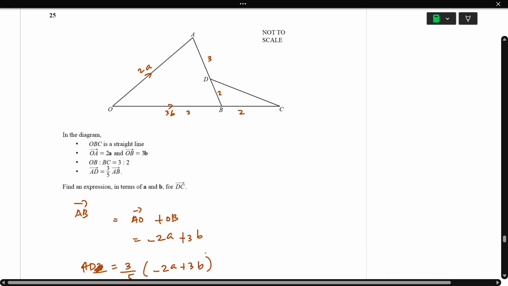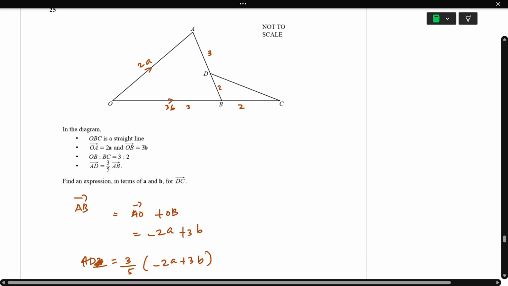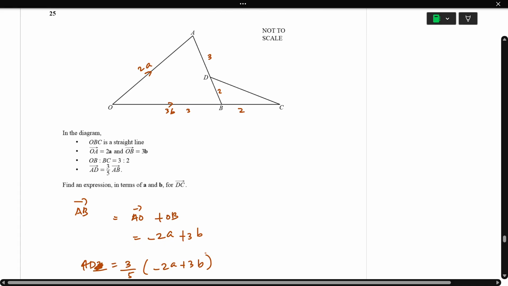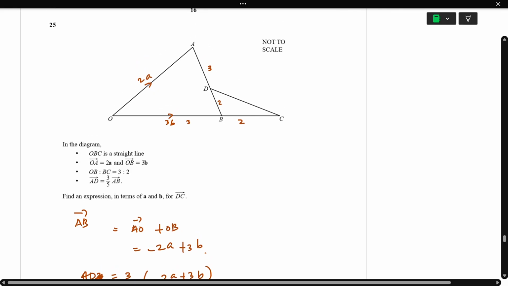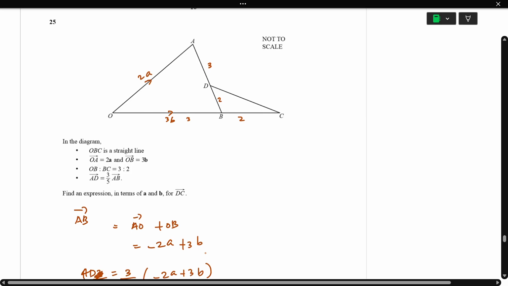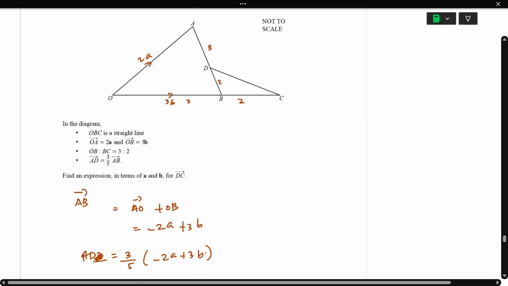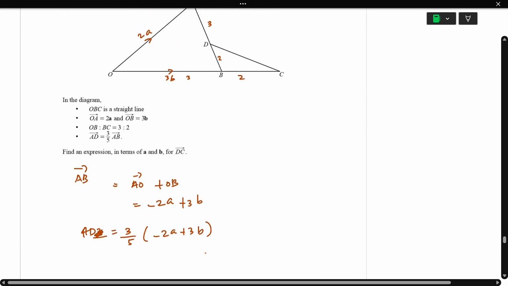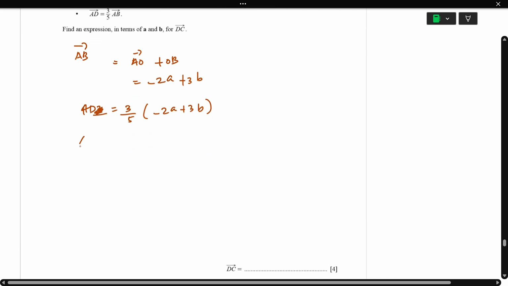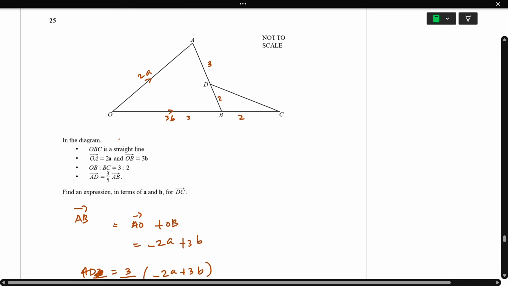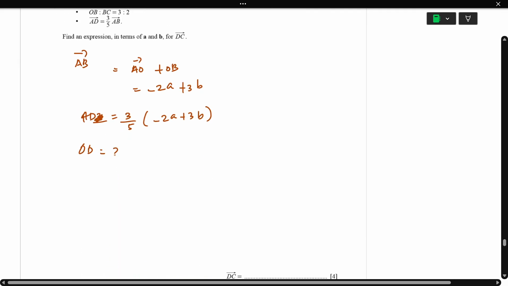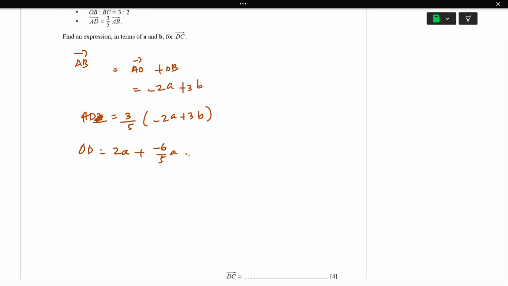Next, OD equals OA plus AD. OD equals 2A plus minus 6A over 5 plus 9B over 5.